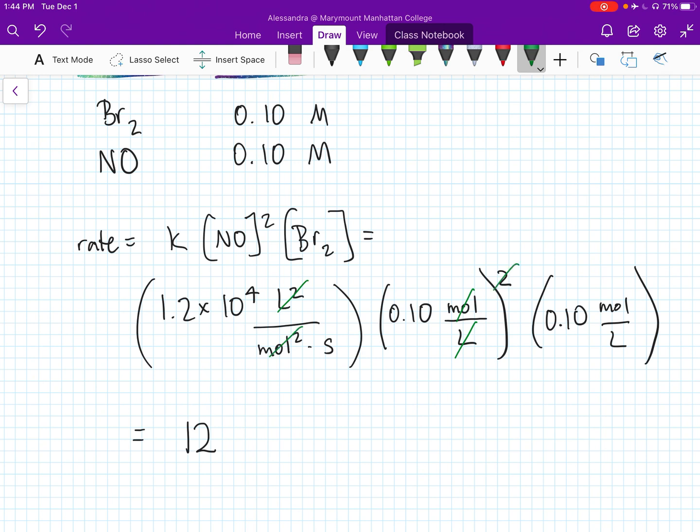I'm going to be left with units of moles per liter per second, which is exactly what I want. Those are the units of what the rate should be. This happens because the units of K vary according to the reaction order, so we want the rate to always be in units of molarity per second. So this is the rate at the start of the reaction.